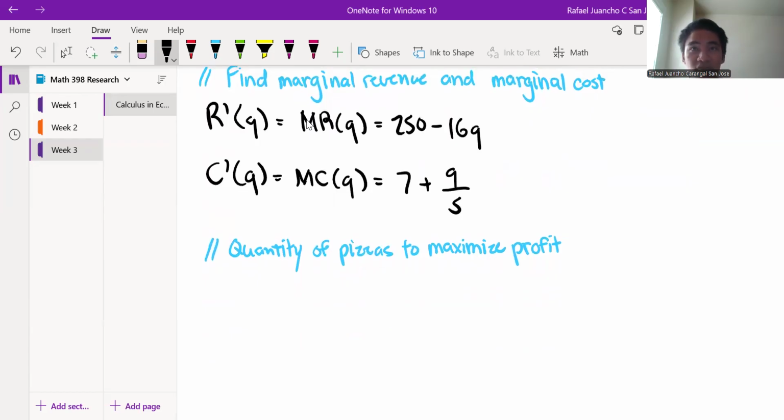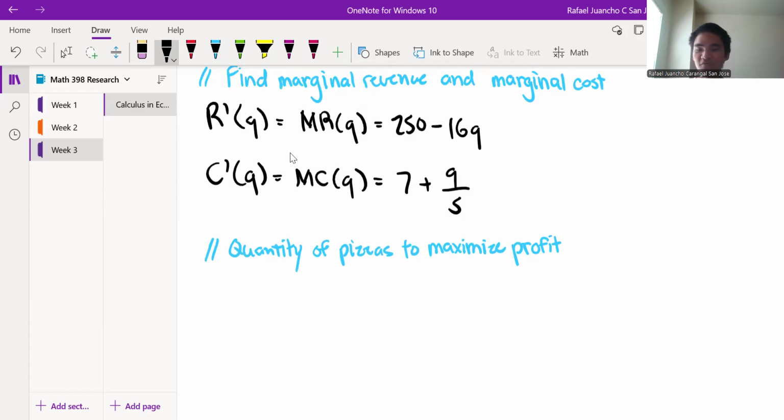I'm going to explain this from a calculus perspective, because I cannot do it in an econ explanation. In calculus, if we take the derivative of two functions, we find their slope or their rate of change. And so we want to find when their rate of change is equal.